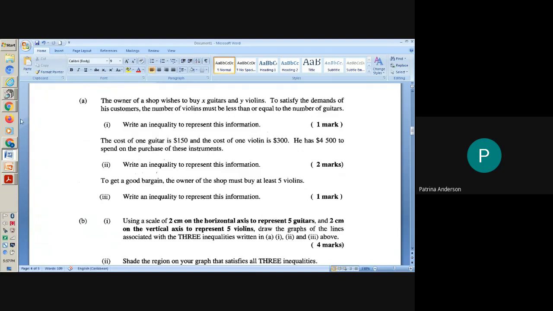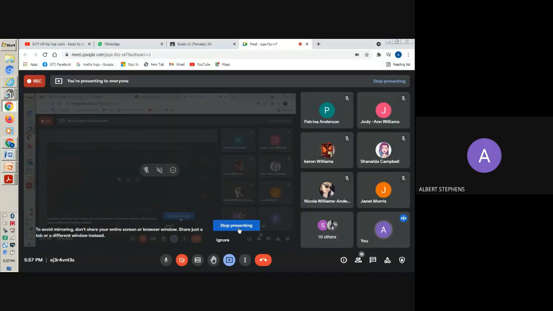Hold on. Let me log out and log back in. That could be the problem. Log out and log in back. Sometimes when using data, it messes up the whole thing. I will respond back.